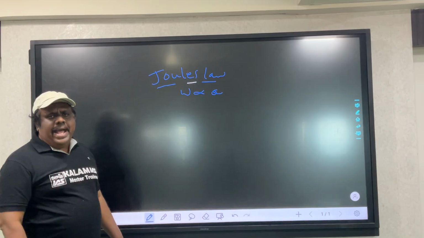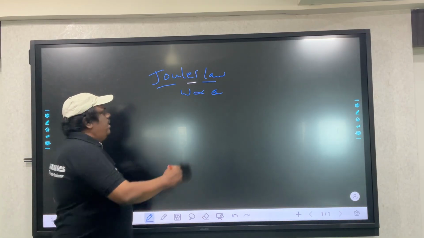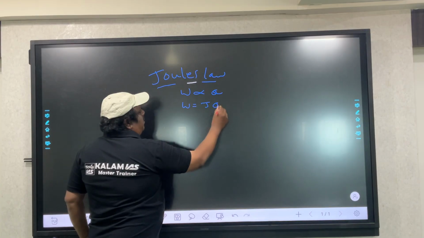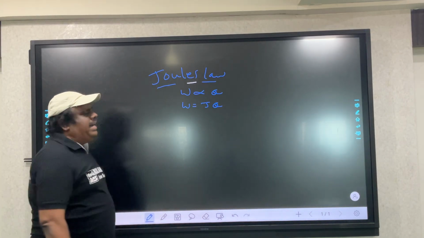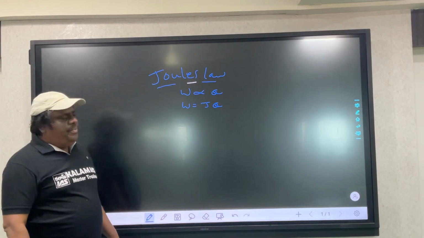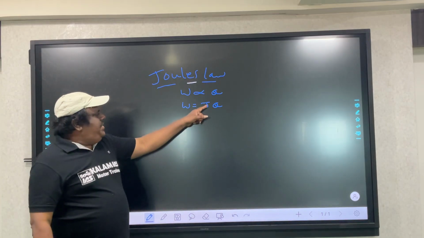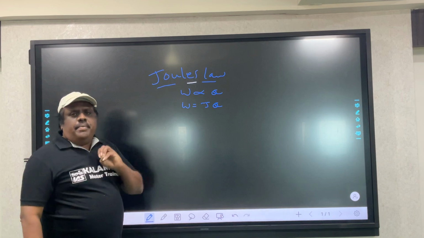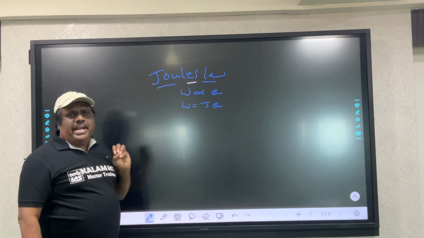W is directly proportional to Q, or we can write W is equal to JQ, with the proportionality constant indicated with J. Here J is called Joule's constant or mechanical equivalent.